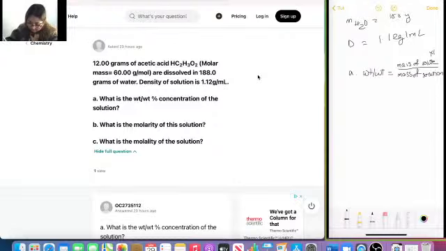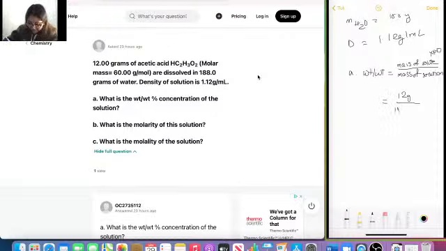What I mean by this is, our solute here, acetic acid, is being dissolved in water. So we have 12 grams of acetic acid, and our solution is acetic acid and water, so we need the total mass in this case.